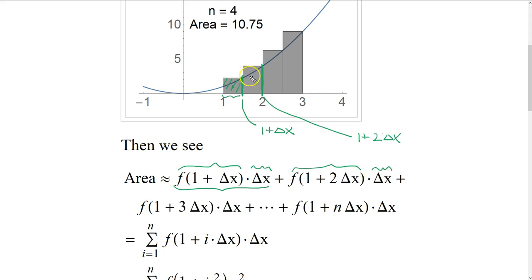And so the area of this rectangle is this quantity. And then we just keep doing this. Notice how we increment the delta x right here. We have 1 delta x, and then 2 delta x's, and then we'll have 3 right here, f of 1 plus 3 delta x times delta x. So this quantity right here would be the area of the third rectangle, and so on, all the way to the very last rectangle.